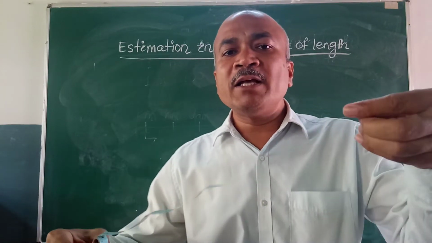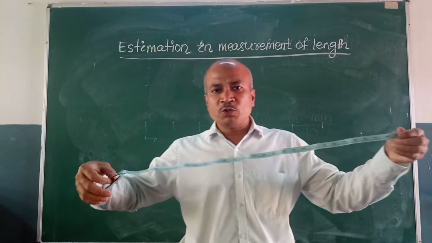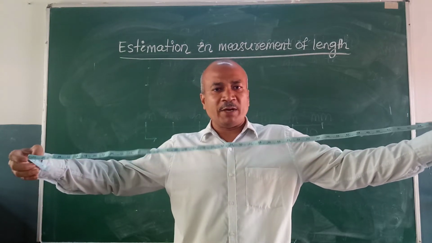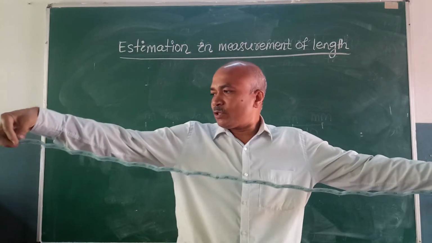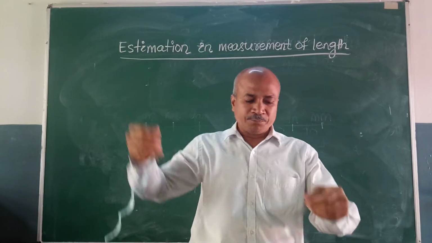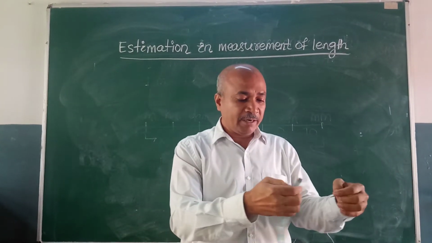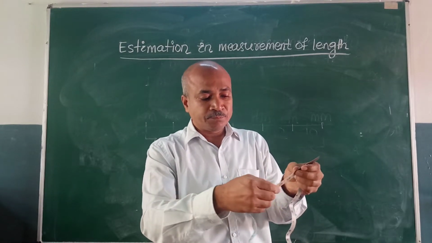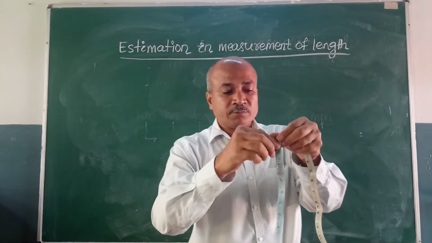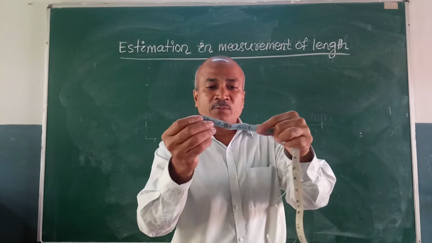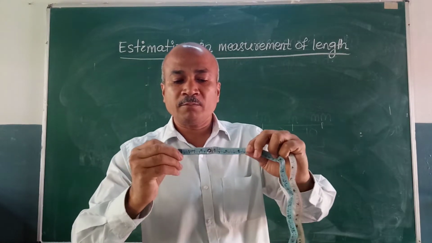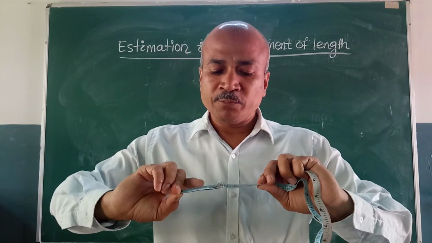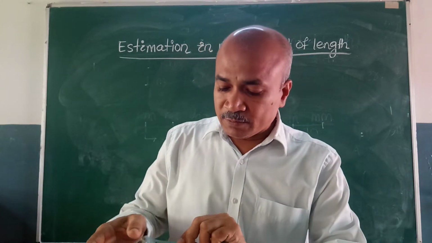This is the measuring tape which is used by the tailor to take the measurement. And look to this measuring tape. Here you can find in the measuring tape the centimeter and meter. This is 1 centimeter, 2 centimeter, okay, 3 like this.